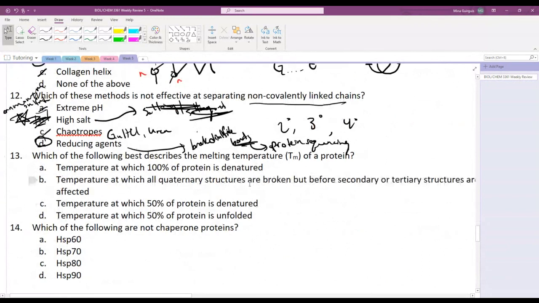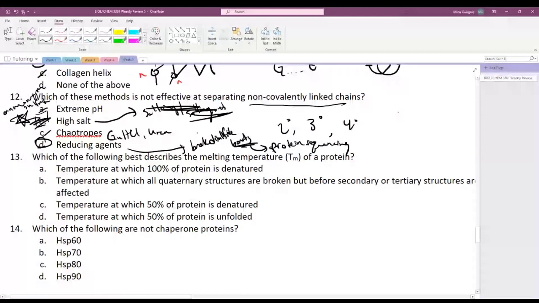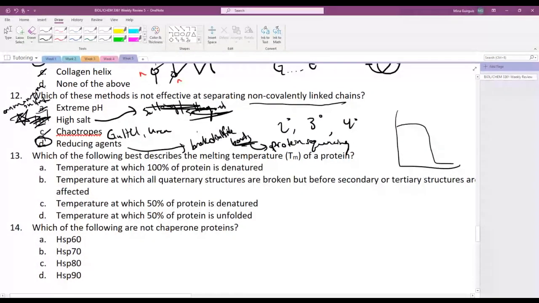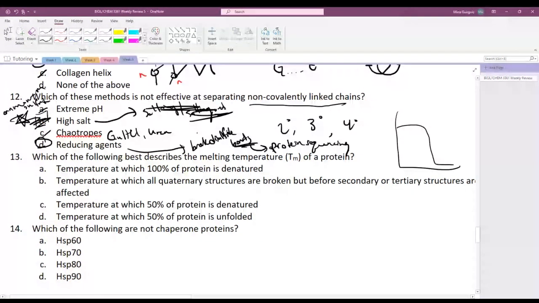13, this is a new one. Which of the following best describes the melting temperature of a protein? I think you guys have probably all seen that kind of graph that looks like that. I think energy is how it's defined.